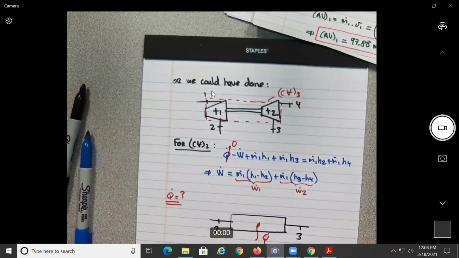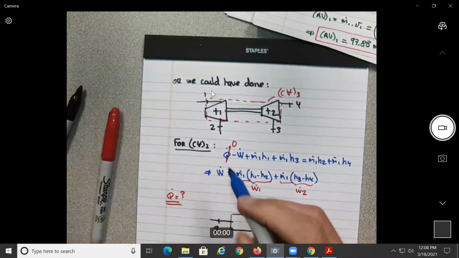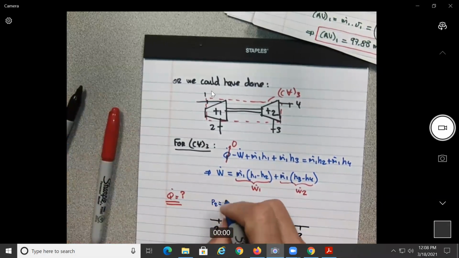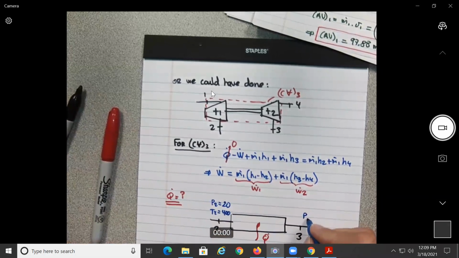We know here P2 is 20, T2 is 400, P3 is equal to P2, but the temperature now will be 500.